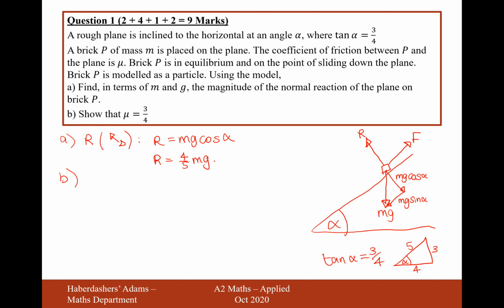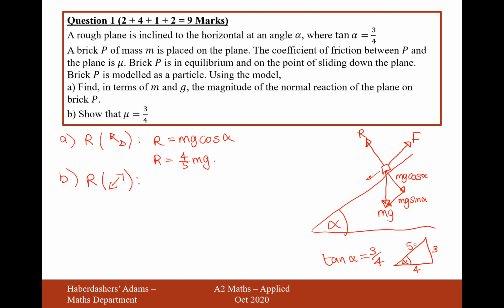Moving on to part B, show that mu is equal to 3/4. Well, the way that we're going to do this is we're going to be resolving parallel to the plane, so up and down the plane. So all the forces down the plane, which is going to be mg sine alpha.